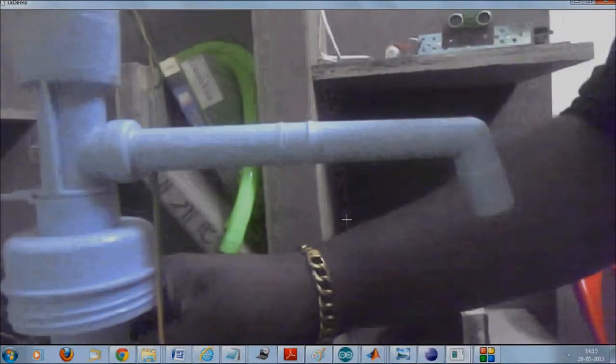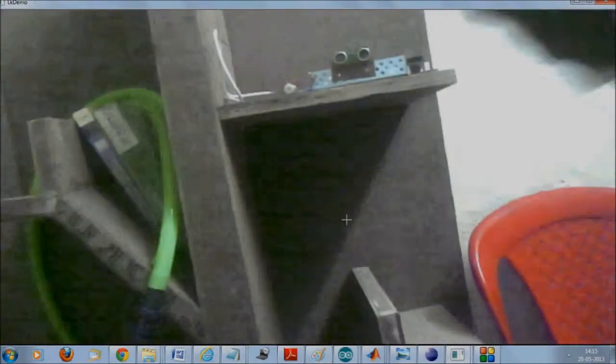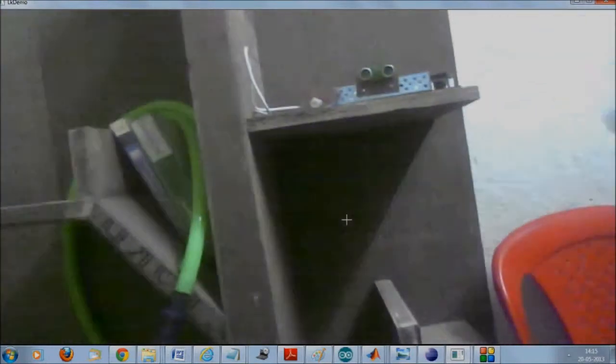This is the pump house. This is basically a 12 volt pump. We are simulating a scenario where there is water transmission from, say, the corporation to the main tank of your area.